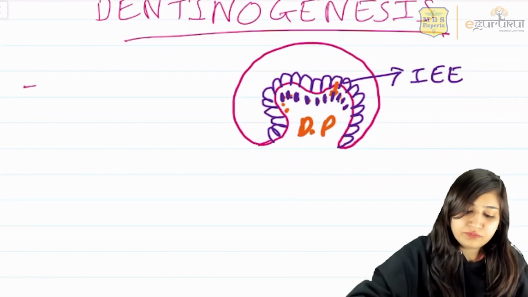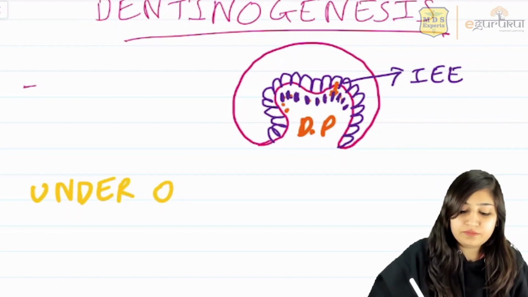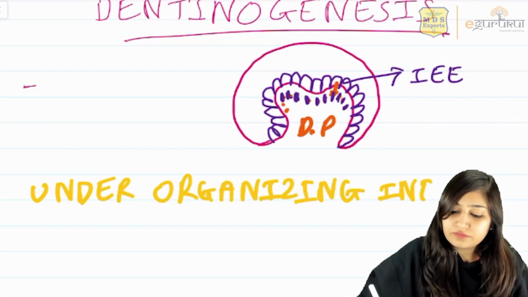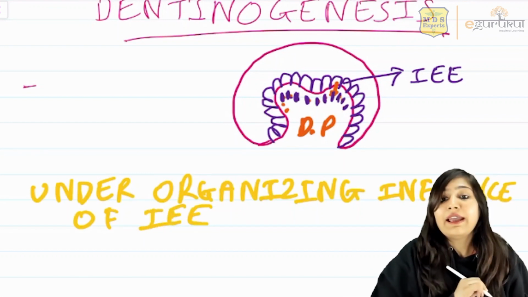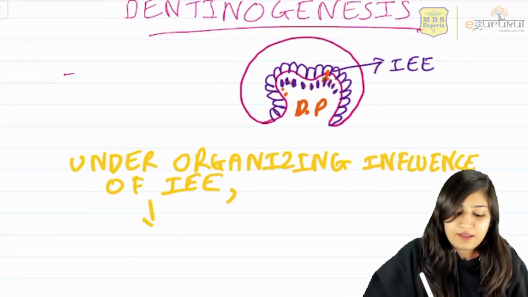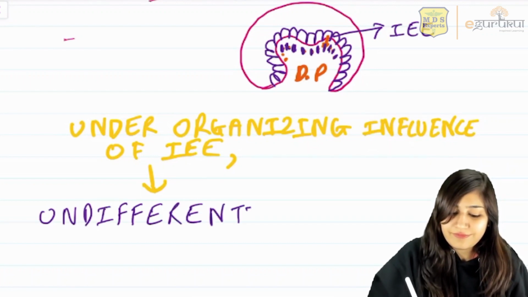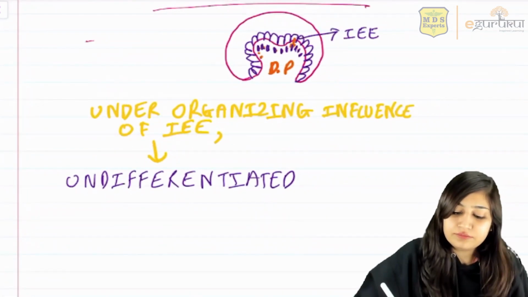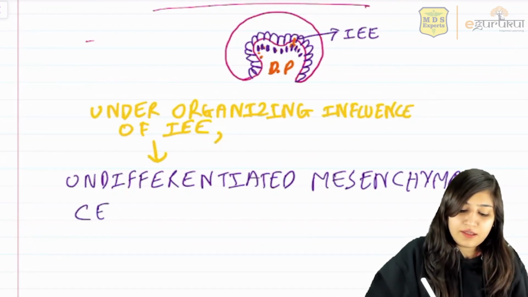So now, under the organizing influence of inner enamel epithelial cells, that are amyloblast cells, undifferentiated mesenchymal cells of what?